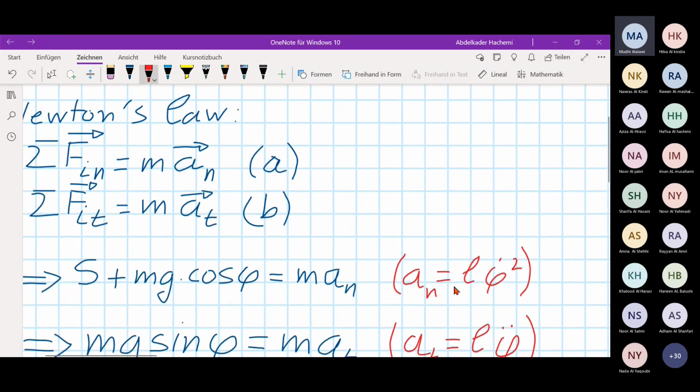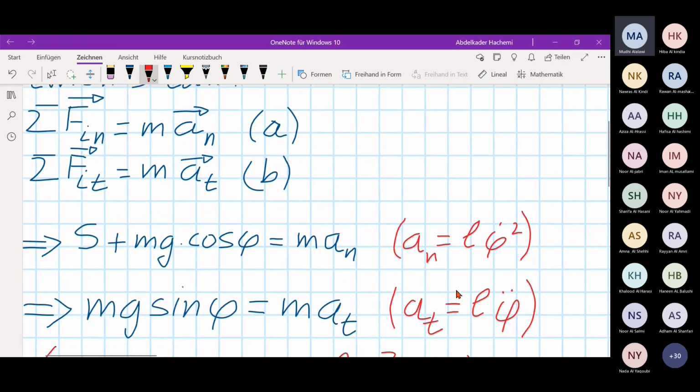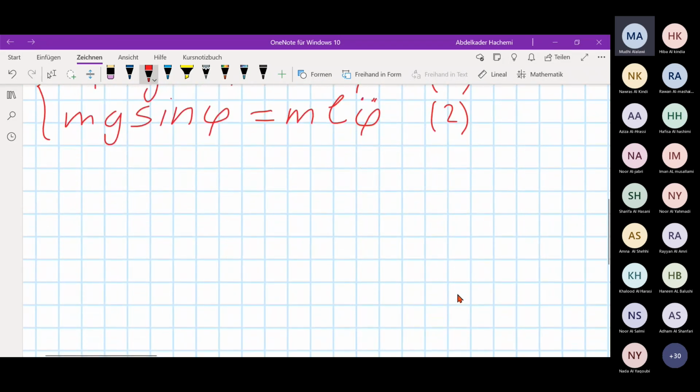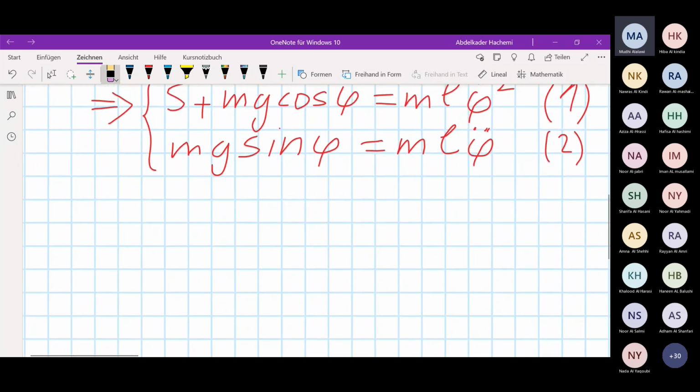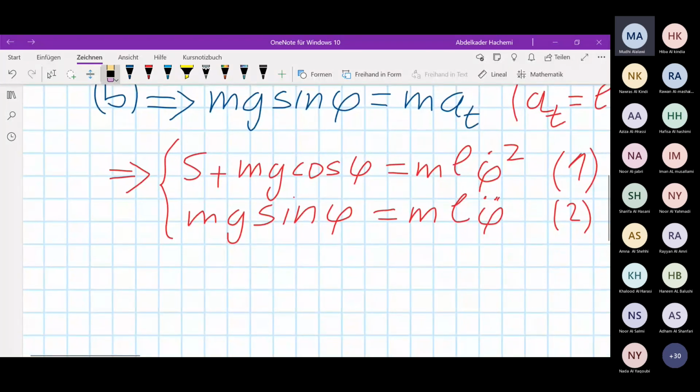Now coming to the same equation, instead of using Newton's law, we now use D'Alembert.